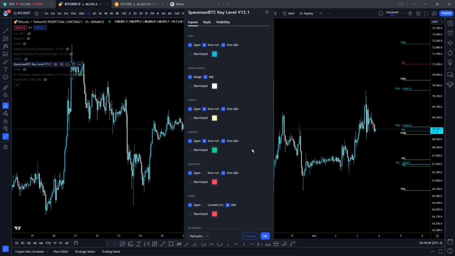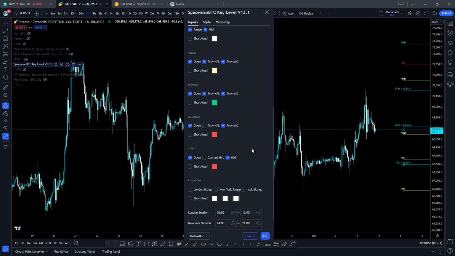These are levels that, of course, you want to see some kind of confluence. You want to be able to understand market structure before you even go into all of these levels, because you want to know what you're looking for when you're going into these levels.